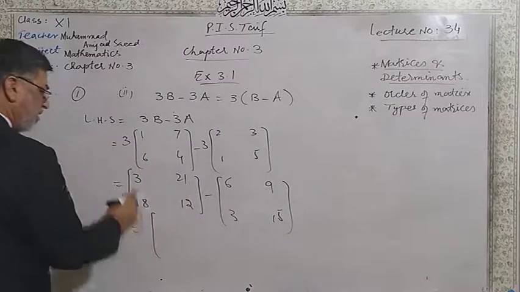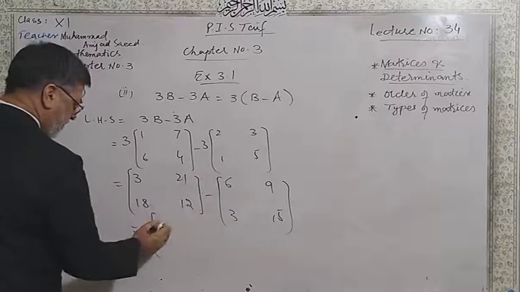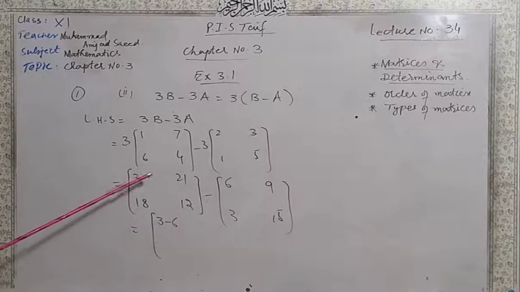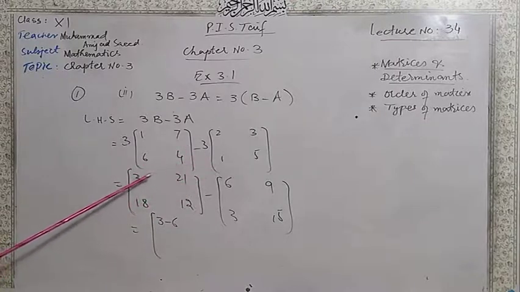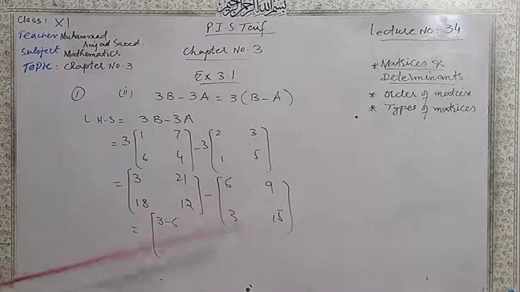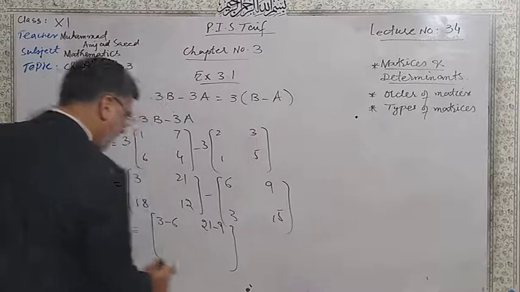After that, you will subtract first minus first. I told you, in case of addition and subtraction, you will subtract or add corresponding members. First minus first, then second minus second. It will be 21 minus 9.